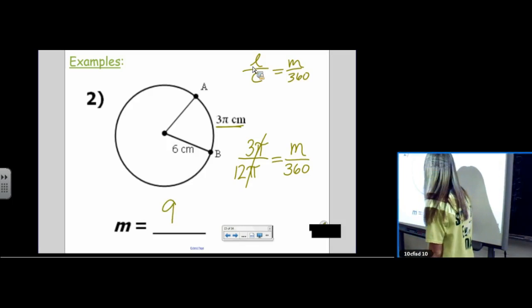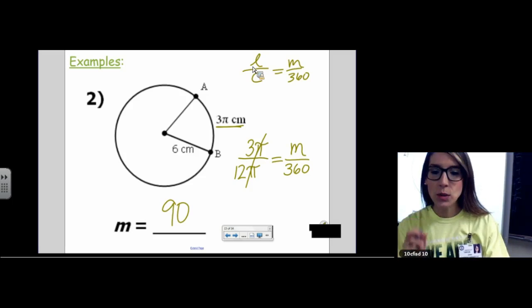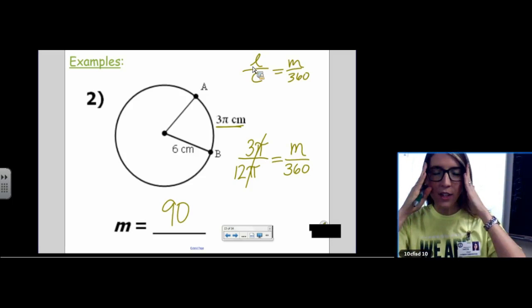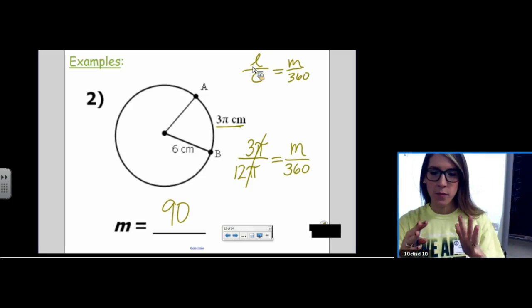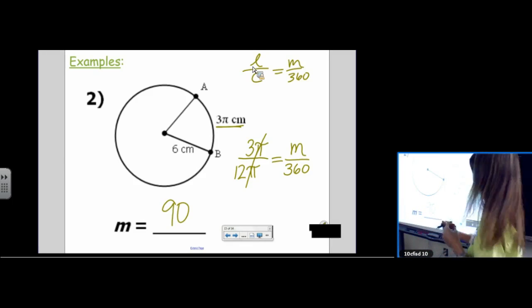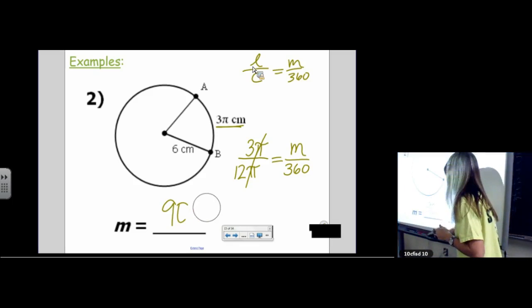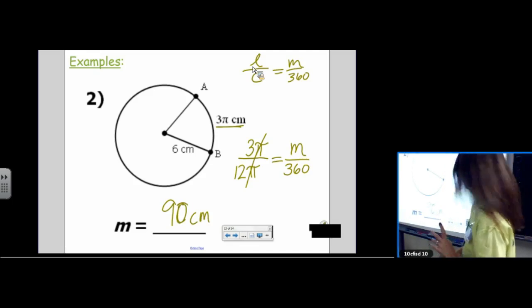What's so important is that you're using common sense. Are you listening? Using common sense. Always ask yourself, what was I looking for? I was looking for an angle. Because do you know what I see all the time? I see all sorts of weird things.